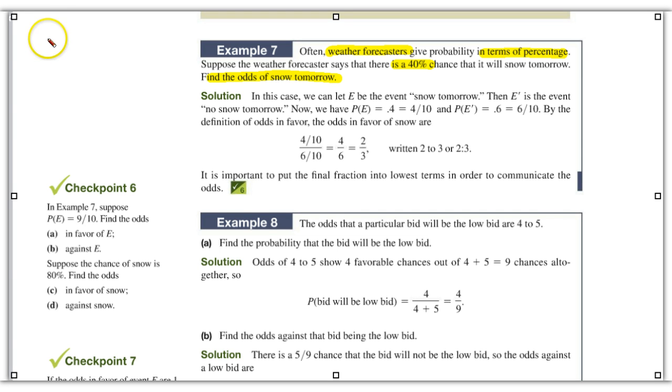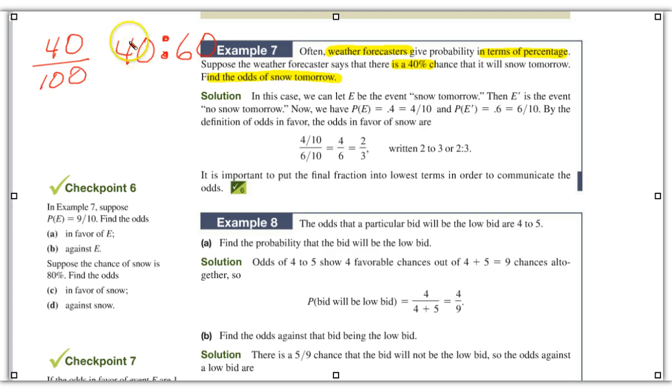Well, it would be 40 out of 100. So snow is 40, and if you take away 40 from 100, you get 60.